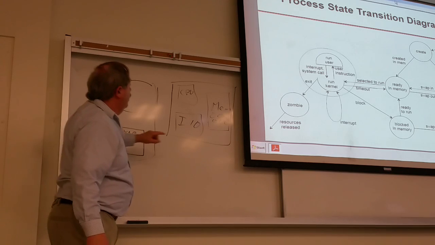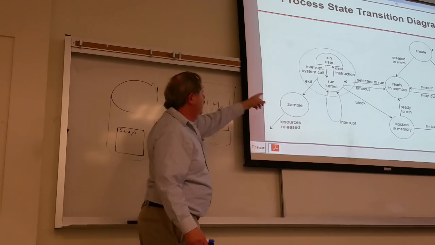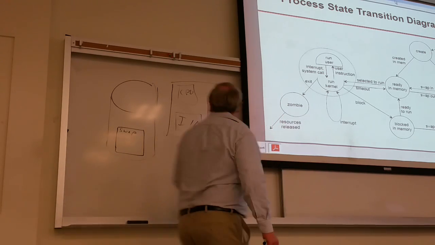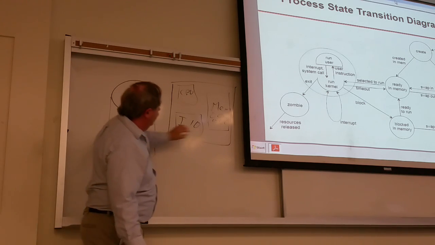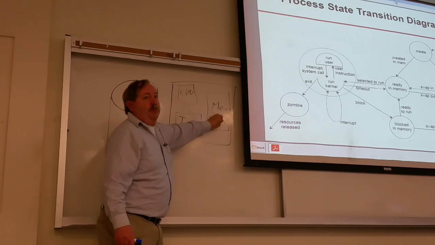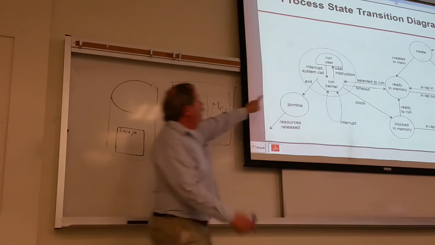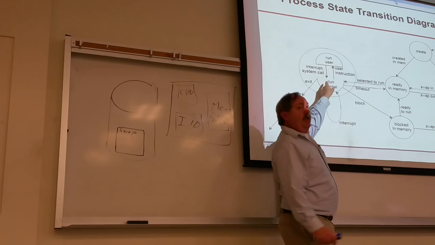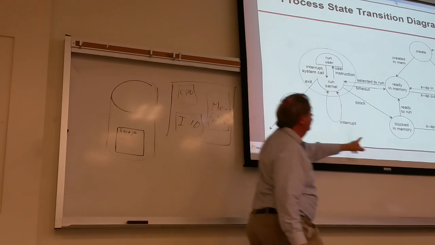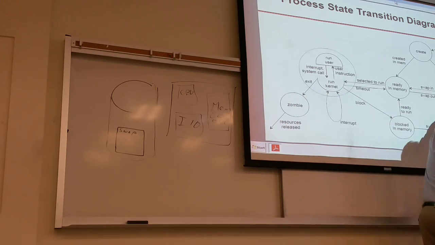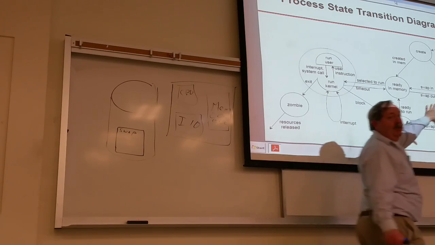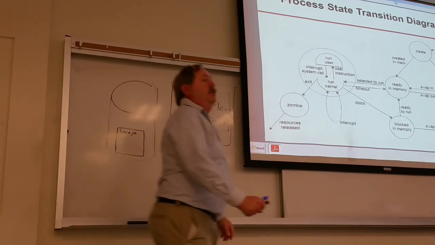Then as your process is getting closer to being selected to run again, we need to pull it back out of swap space and back into memory, so that the entire process is now sitting in main memory, ready to execute when it goes to the run state. That's why we have to be concerned with these two swap states here. Does that make sense? Other questions?